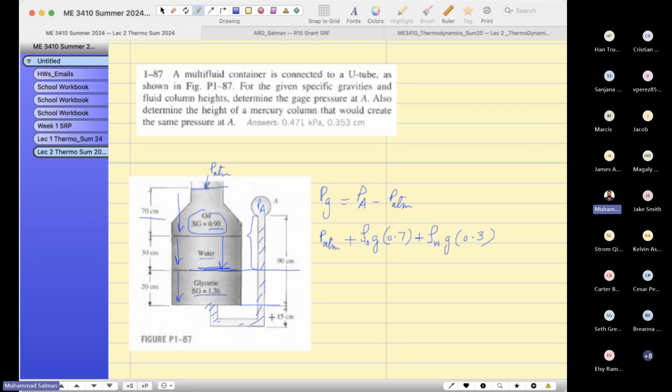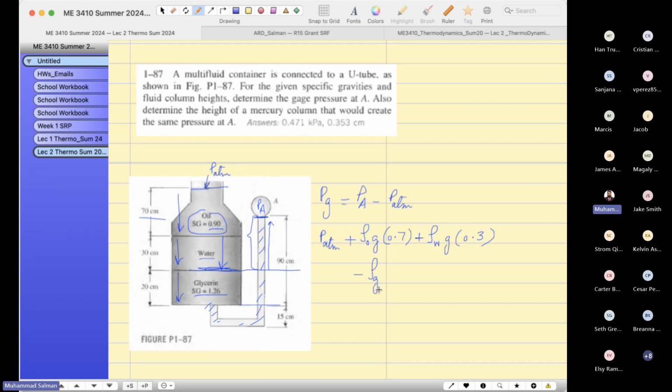How much is the difference? 90 minus 20, 70. So do I have to add the 70 or subtract? Good. Subtract, because this is going upward to reach this value up until here. Subtract is the correct answer.